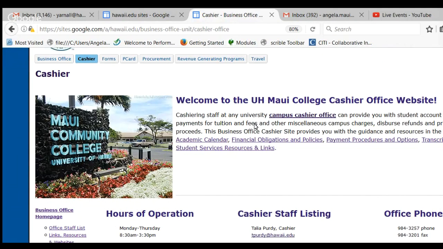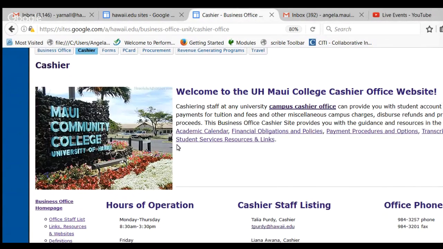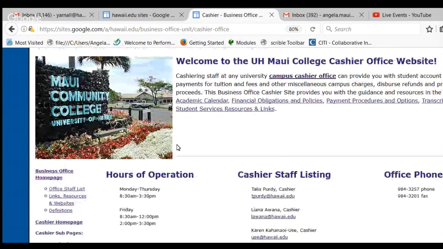So I would also add a picture of the cashier side, because not many people know where that is. For instance, we have students come into our office asking where the business office is, or the staff, the casuals, they usually come in asking, where do I get my timesheets? But timesheets are online now. Before, we would tell them, you have to go out of the business office and go around. Exactly. Very good. I like that.